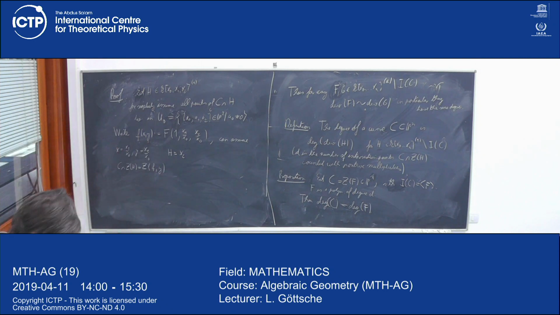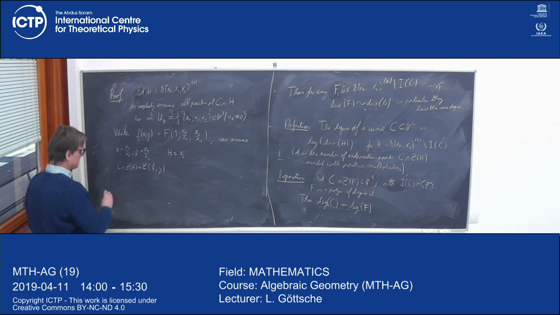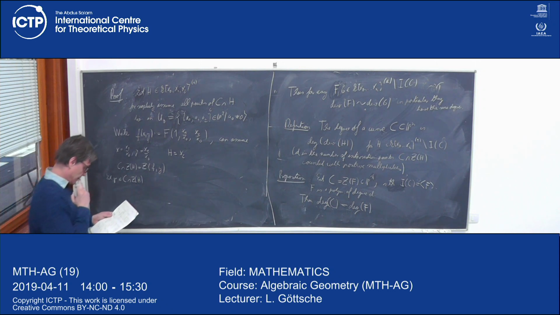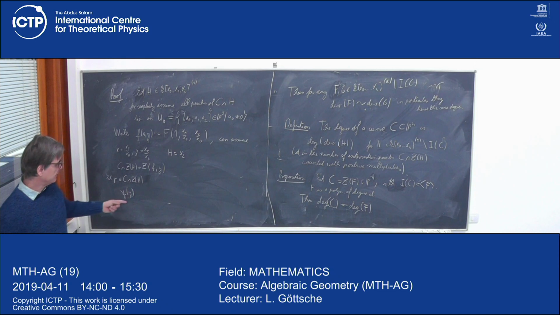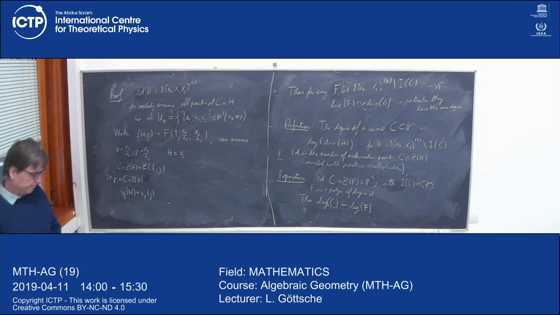Okay. So now let's take one of these intersection points. Let P be a point in C intersected with H. Then what is mu P? We want to know the multiplicity of this y. So mu P of H is just mu P of this function y.